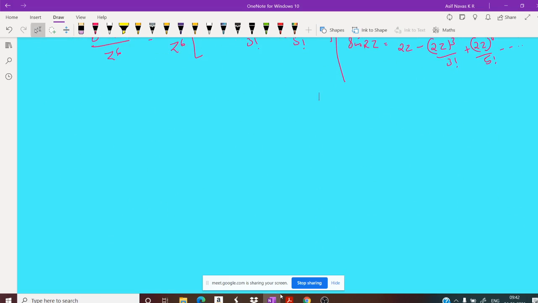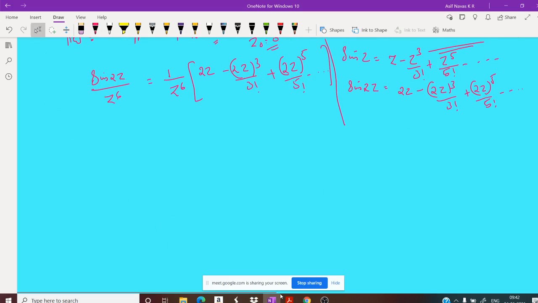So if I multiply this, we will get 2 by z to the 5 minus z cube is there, and so this will be minus 8 by 3 factorial into z cube plus, so this is z raised to 5, 2 raised to 5 divided by 5 factorial into z minus etc. Right?